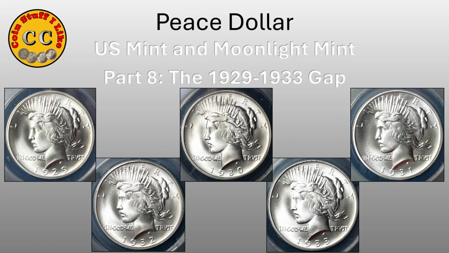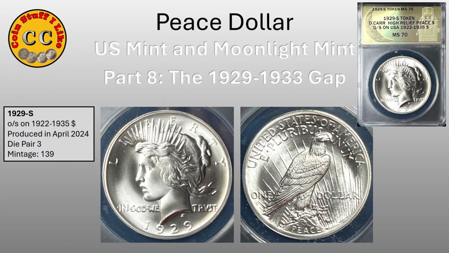So let's take a look at them individually, starting with the 1929S. Now, one of the things he did in this gap between 29 and 33, he alternated S mint and D mint. You can see this one has the S mint down here in the typical location. The 4 arrows with a high relief reverse.